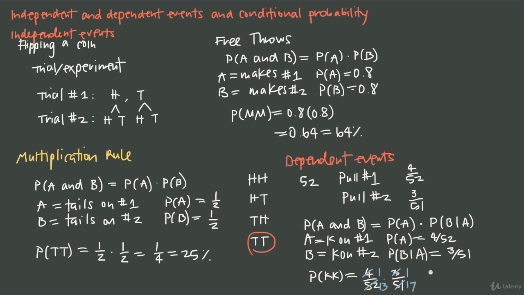So then 1 times 1 in the numerator gives us 1, 13 times 17 in the denominator gives us 221. So the probability of pulling 2 kings in a row is 1 in 221. In other words, there's less than a 1% chance of pulling a king 2 times in a row.